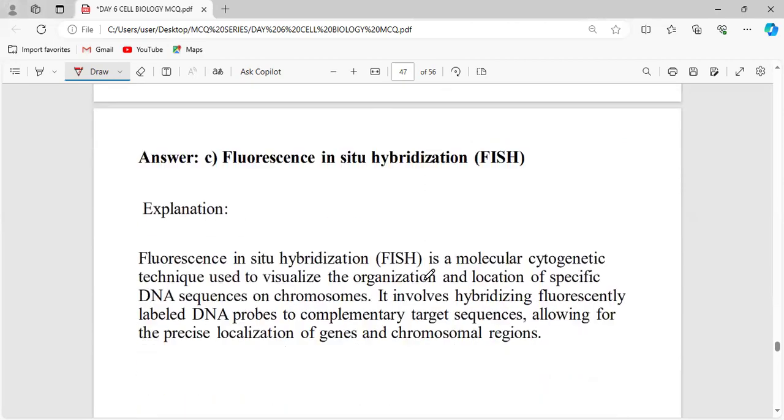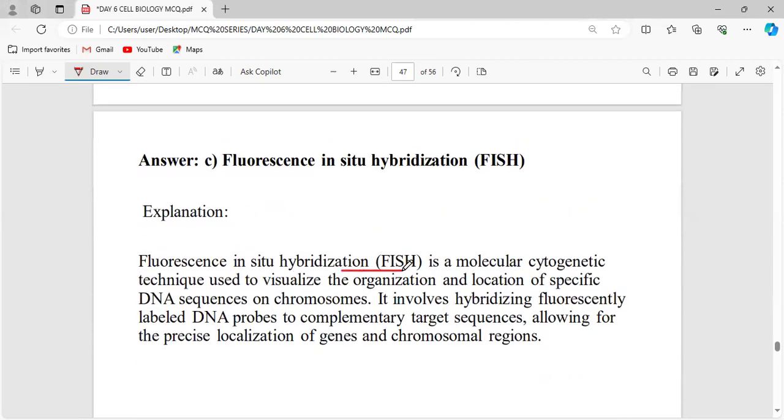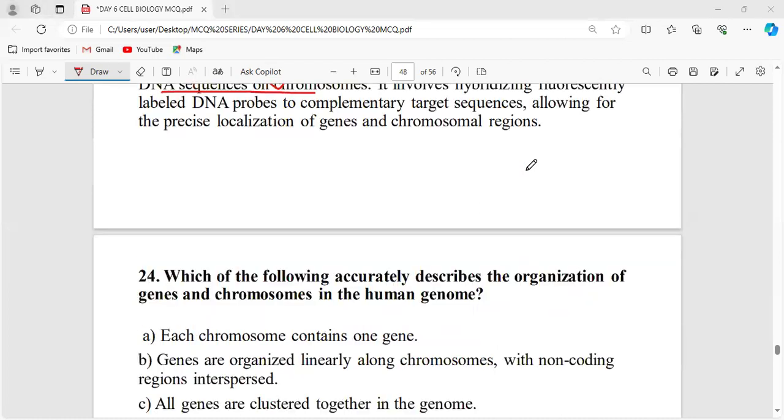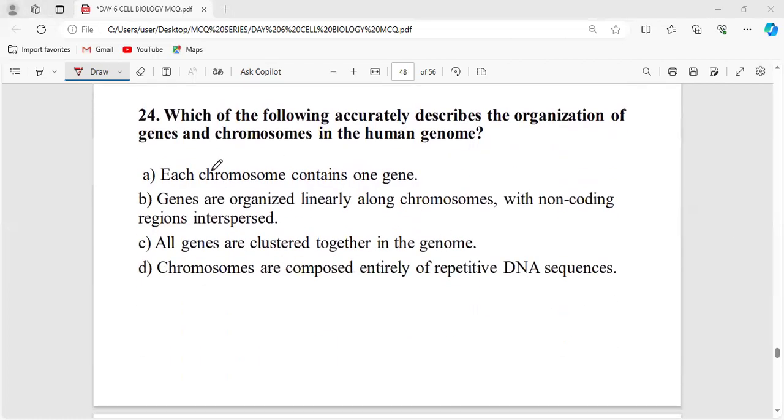Fluorescence in situ hybridization. Okay, FISH. It is a cytogenetic technique to visualize the organization and location of specific DNA sequences on our chromosomes. Okay, so read about this technique. It is very important. Their working phenomenon is important.